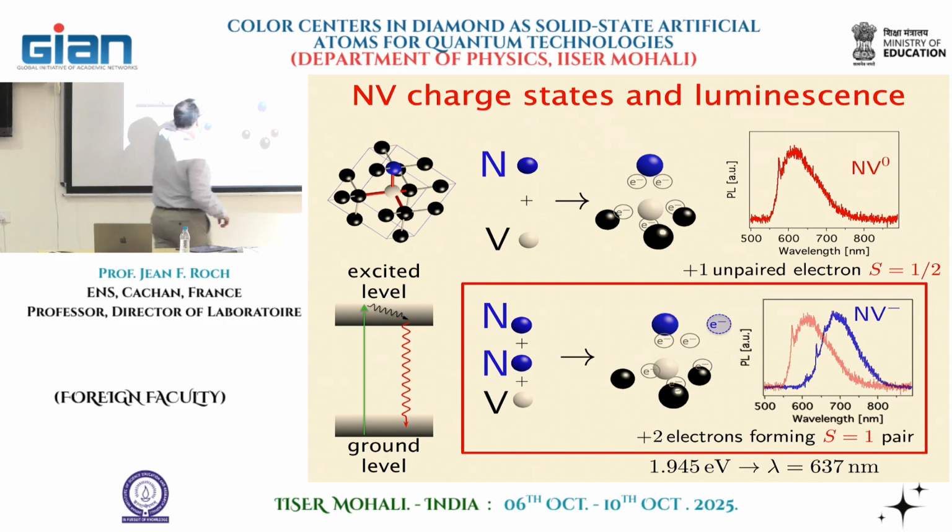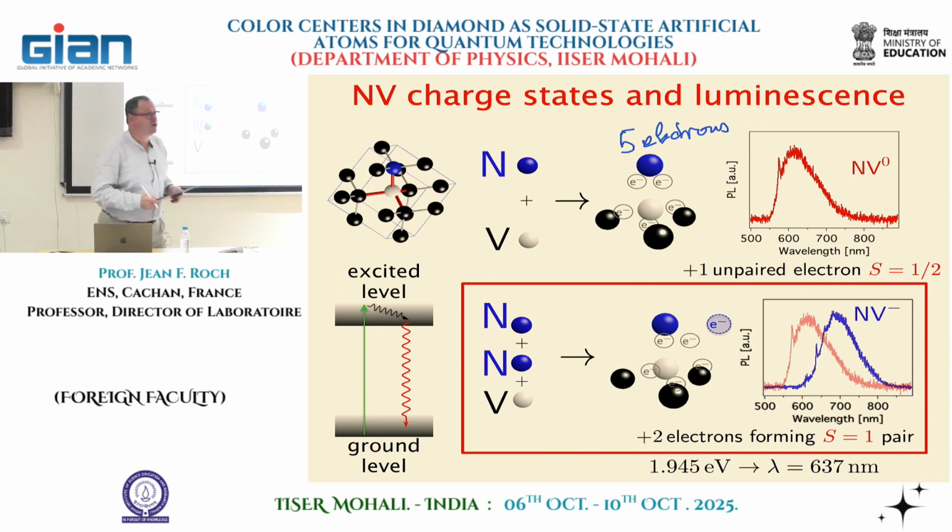And then there is 1 electron coming from the nitrogen, similarly to the carbon atom. But at the same time, since nitrogen has 7 electrons and carbon 6, you have an extra electron. So in total here, I have 5 electrons.